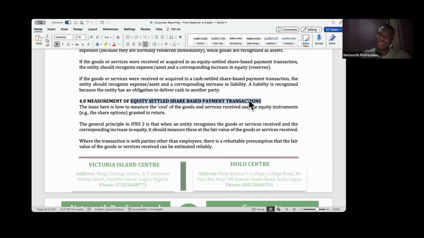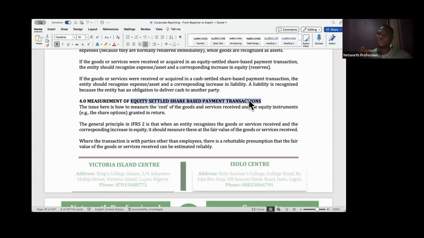The standard said that when the transaction is with a supplier, the equity settled share-based payment should be measured at the fair value of the goods or services received. Why? Because when a supplier supplies goods, he accompanies it with his own invoice.